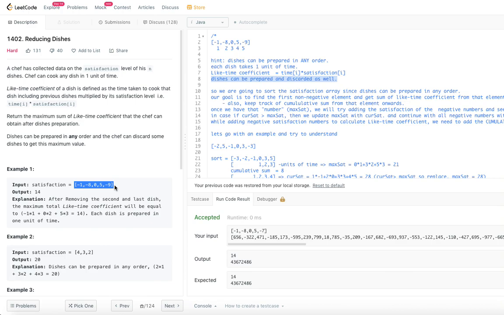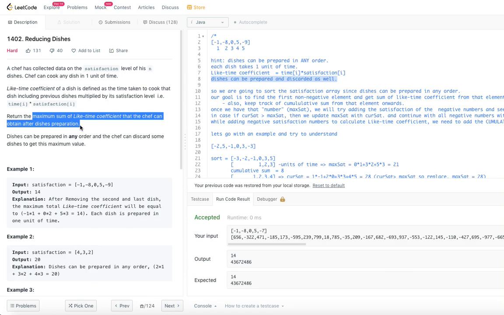And some dishes he can discard. That means he doesn't need to really serve them, but it will be counted towards the preparation time. So you need to calculate such that the like time coefficient is maximum. Return the maximum like time coefficient that the chef can obtain after the dishes' preparation, right? So that's how it is.